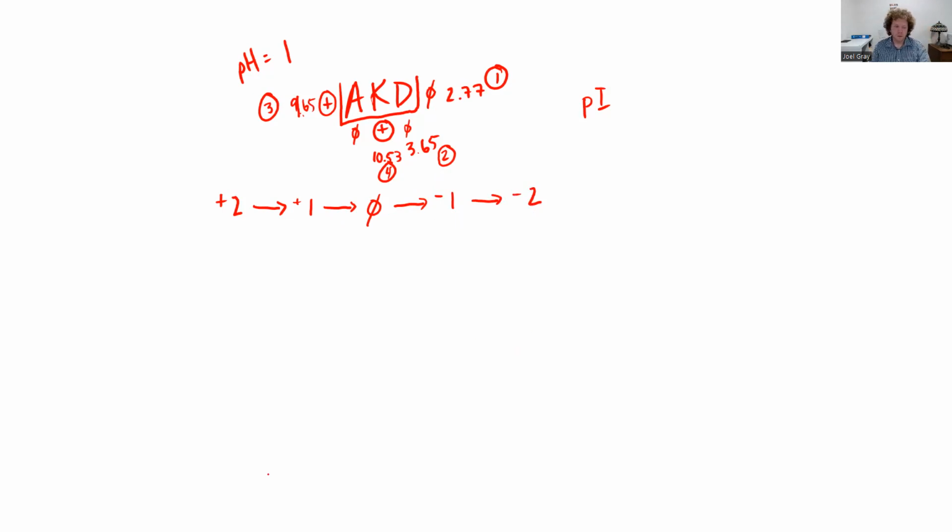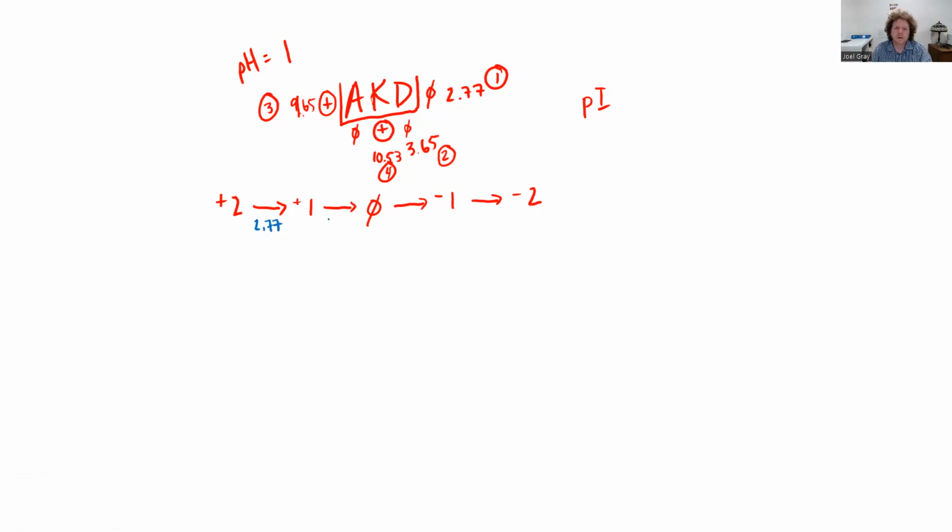So this molecule has a total of 5 different forms that it can take, and there are 4 transitions. Because there are 4 pKa values, I like to represent the spectrum of charges. It changes from a +2 to a +1 form at or around the pKa of 2.77.